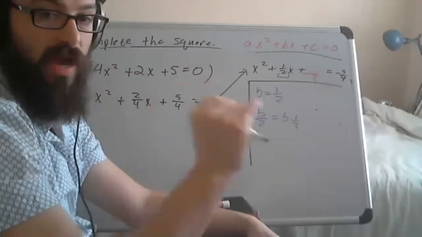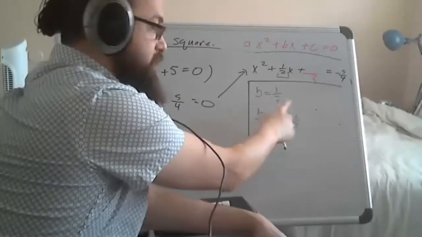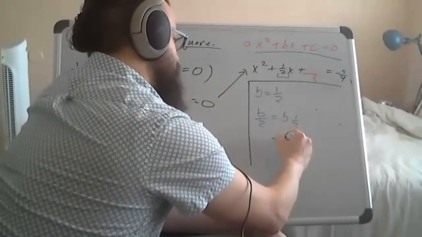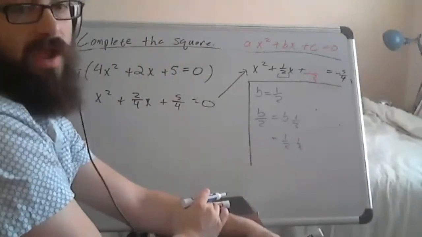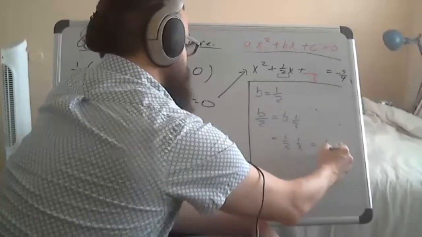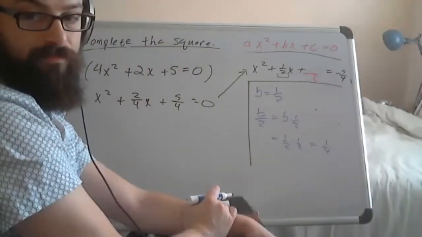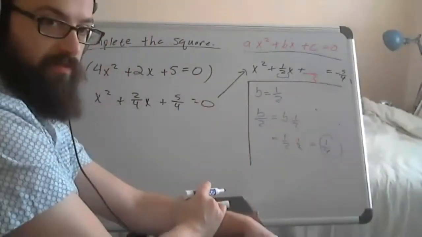We're taking half. We're halving b, which in this case b is 1/2. So replacing b with 1/2, taking half of 1/2, which is 1/2 times 1/2, which is 1/4.